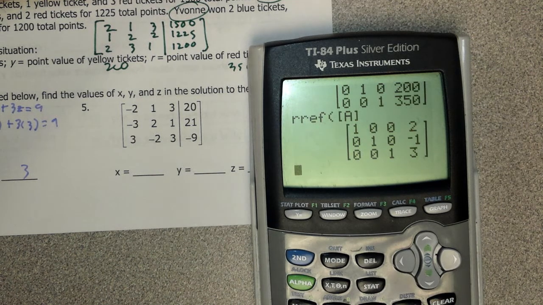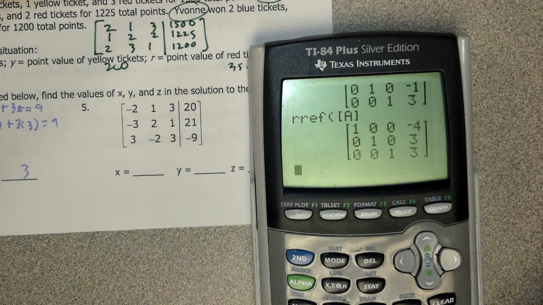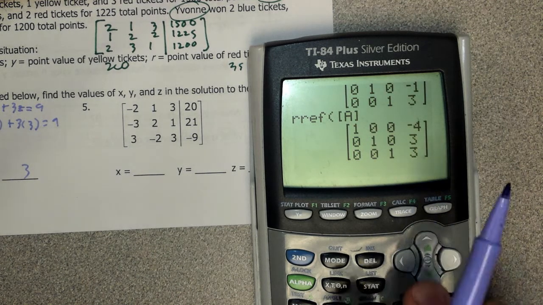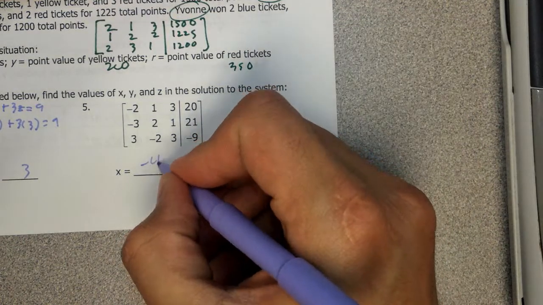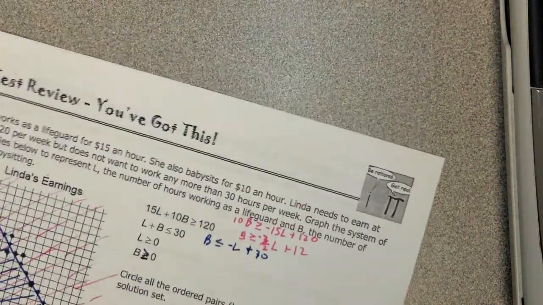Second, quit. Gotta quit before you do it. Put RREF and A again, and you get negative 4, 3, and 3. Alright, let's go to the next page.